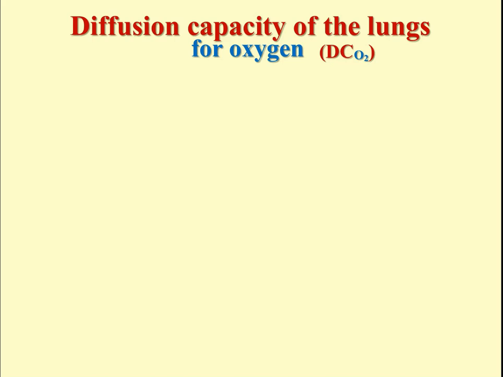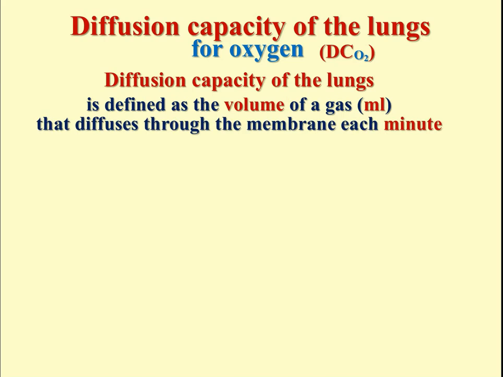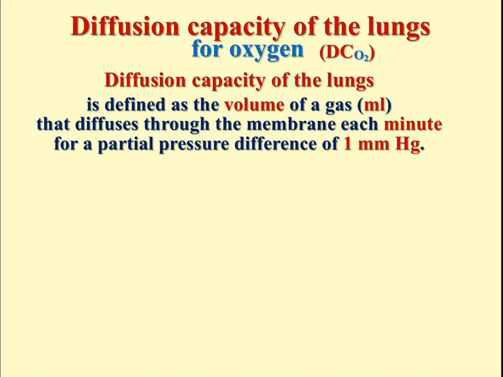DC, diffusion capacity of the lungs for oxygen, is defined as the volume of oxygen, in milliliters, that diffuses through the membrane, through the lungs as a total, each minute for a partial pressure difference of 1 millimeter mercury. So if you look at this equation, the surface area remains, alpha solubility of course remains, diffusion distance remains, but delta P we make just 1.